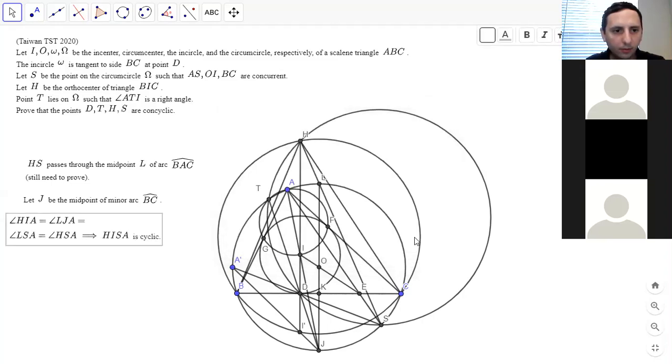See if that works. There we go. And then we do the angle chase that you mentioned.